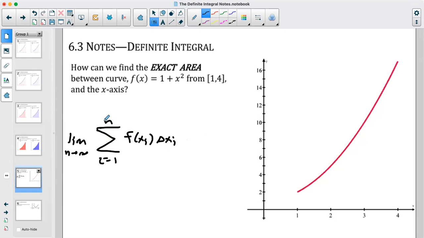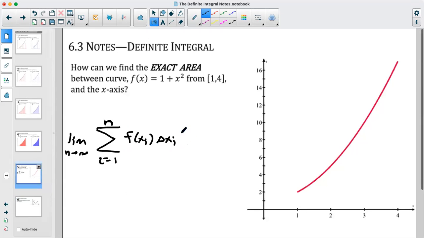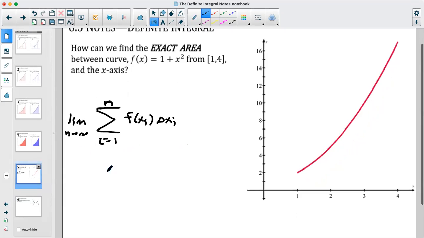Basically, I'm saying, how do I get infinitely many rectangles? Well, I go from i equals 1 to n, and I let n go to infinity. There's mathematical treatments for this, but this is what I want. The limiting form of the Riemann sum is known as a definite integral.